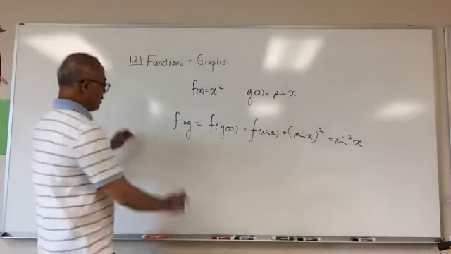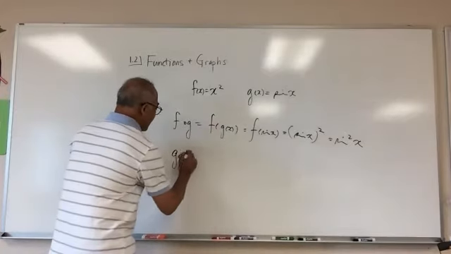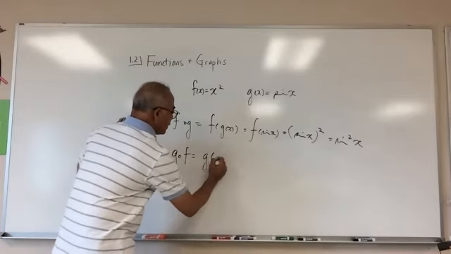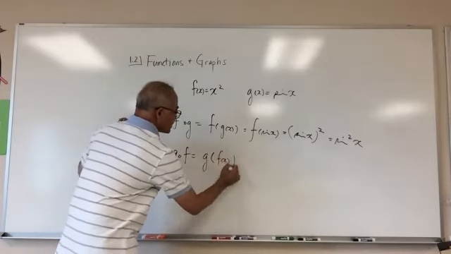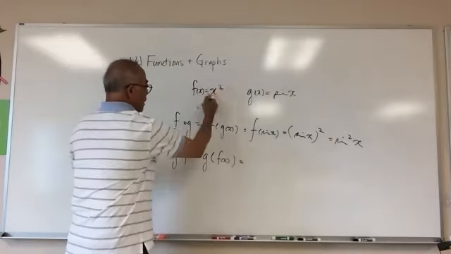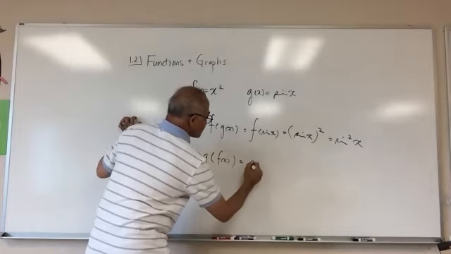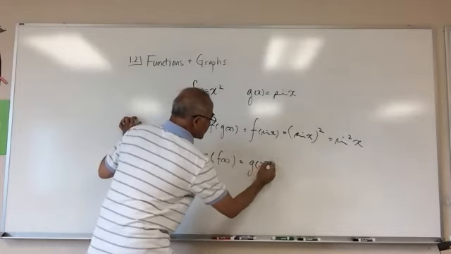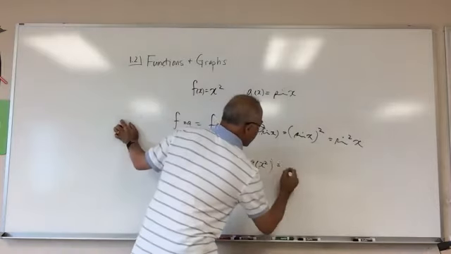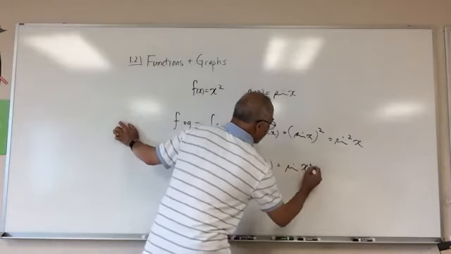Okay. What is g dot f here? G dot f would be g of f of x, like that. So an f of x is equal to x squared, right? So this would be the same as g of x squared. So x squared, I'm going to put that in there. This is the same as sine of x squared, right?